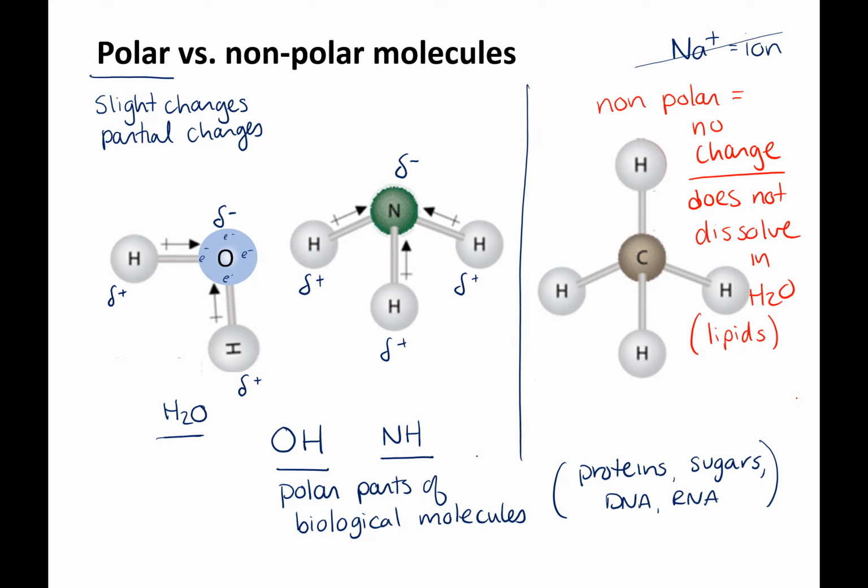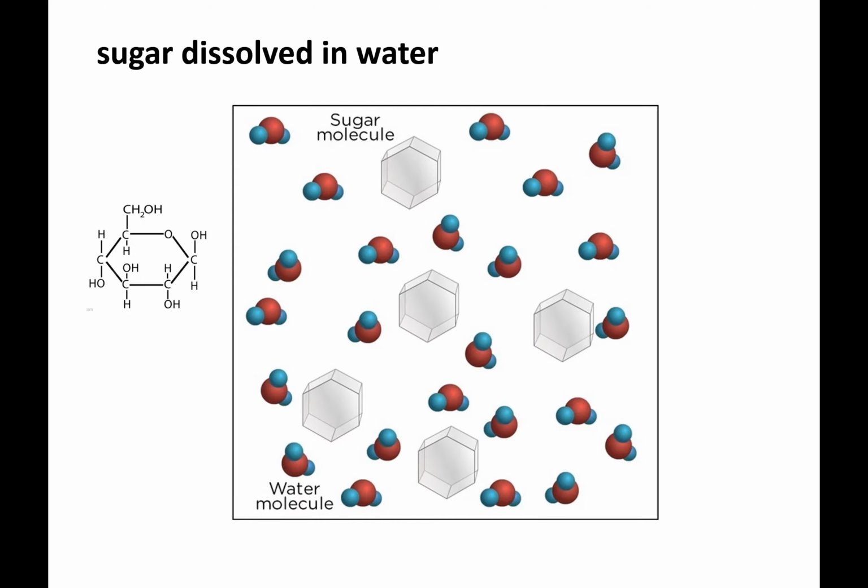So if I ask you if a molecule is polar or nonpolar, you're going to look for a bunch of OH groups or NH groups and you'll know it's polar. If it has only one or two OH groups and a lot of carbon-hydrogen bonds or carbon-carbon bonds, like we just drew on our fatty acid tails, that's nonpolar. I just want to show you what it means. If something's dissolved in water, it means the water is surrounding it. This is how we keep our cells fluid and how we allow all the molecules to move around.